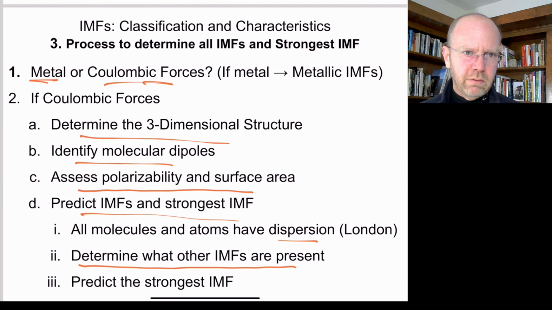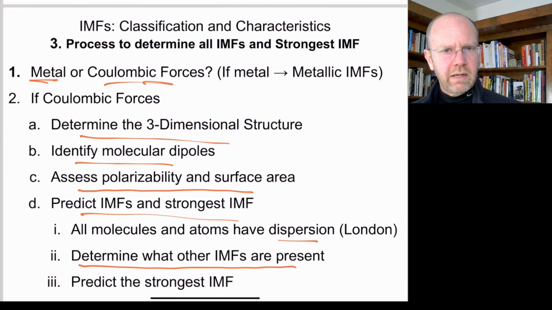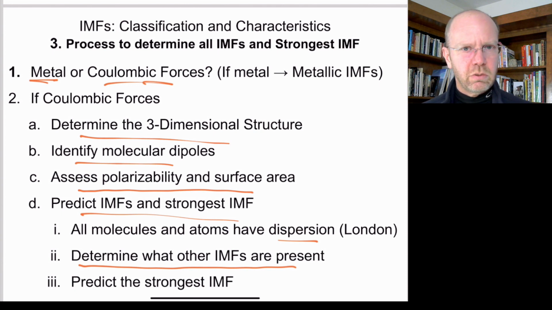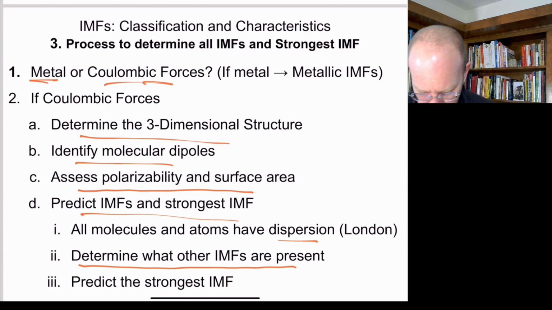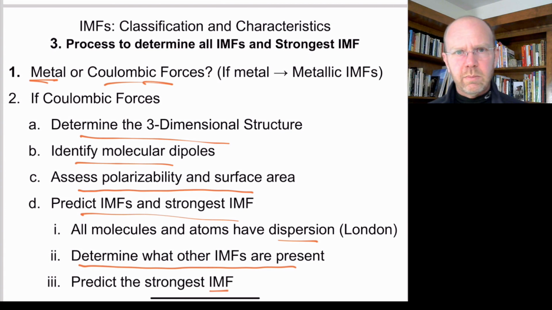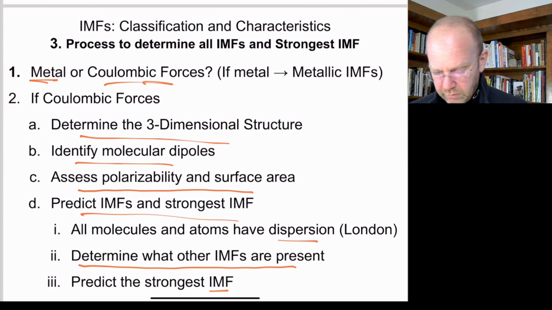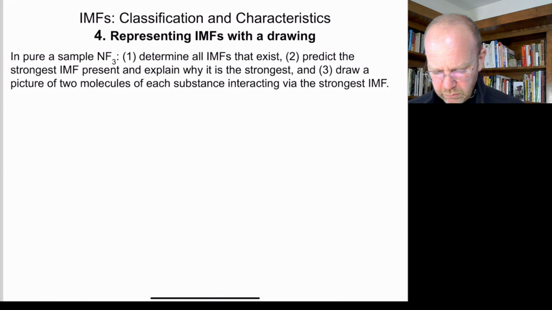Is there a dipole? Is there an ion? Could there be an ion-dipole? Are there two full charges? Could we have an ionic interaction, right? So you need to work through that. And then you use that listing that I had on the previous page of the relative strengths, and you decide what the strongest force is. That's likely the one that's going to determine the properties of the substance. Sometimes it's hard to tell, but that's the way we do it. So let's just do one quick example.